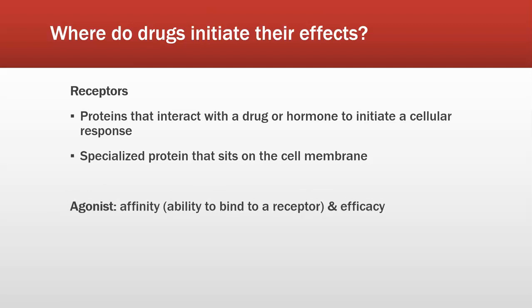Well, an agonist has affinity and efficacy, so it is able to bind to a receptor. Efficacy is the ability to turn the receptor on. So it has to bind to the receptor and be able to turn that receptor on.